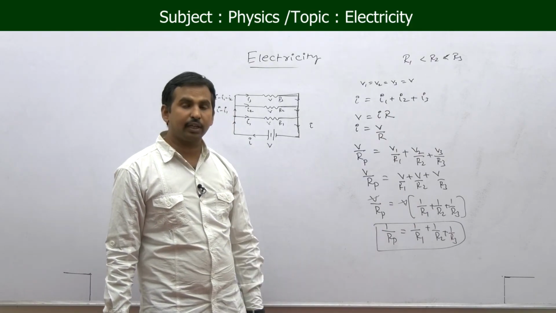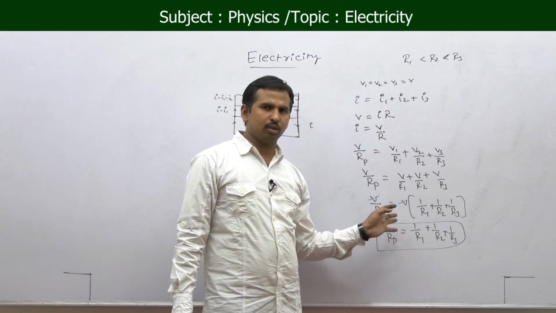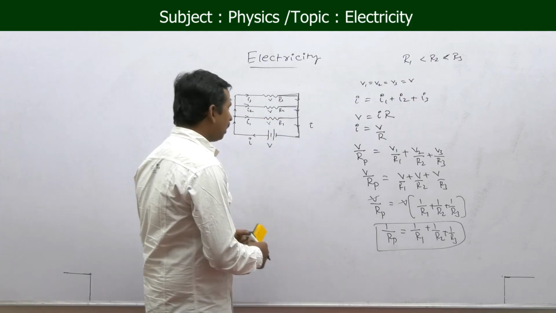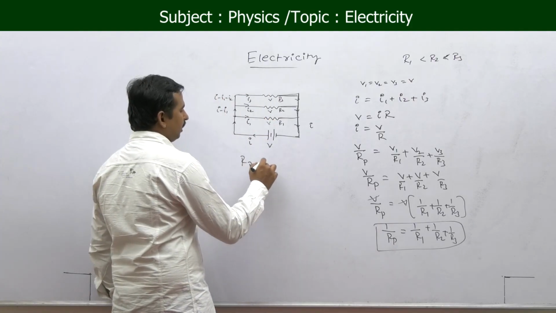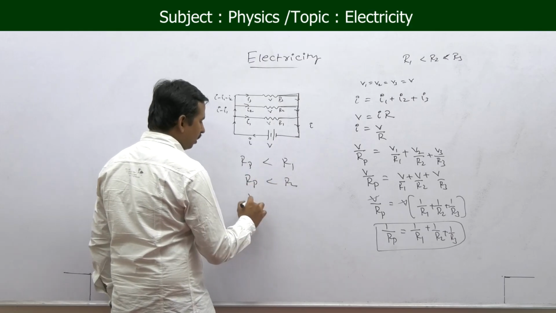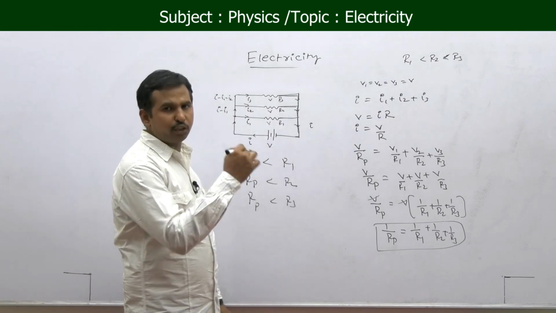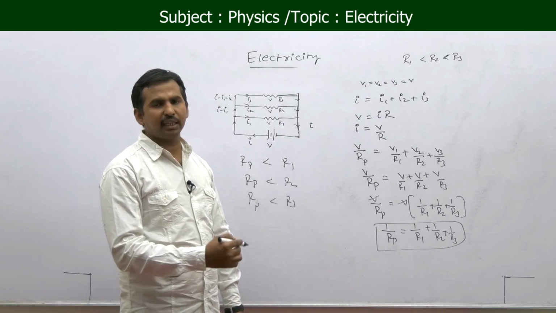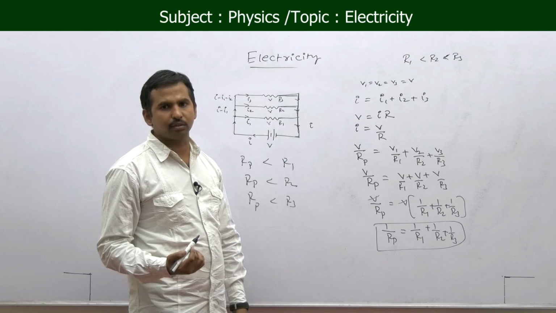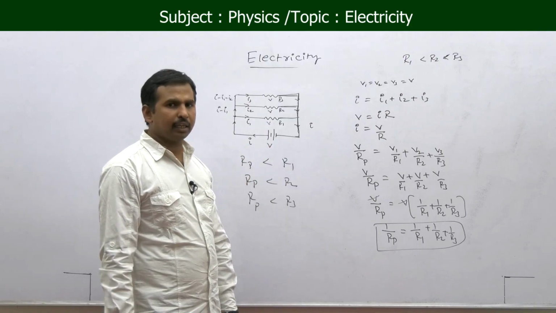The resistance we get when connected in parallel, compared even to the individual ones, means the Rp value is less than R1, less than R2, and less than even R3. Individually also, it is less than each separate resistance. This is about the parallel connection.